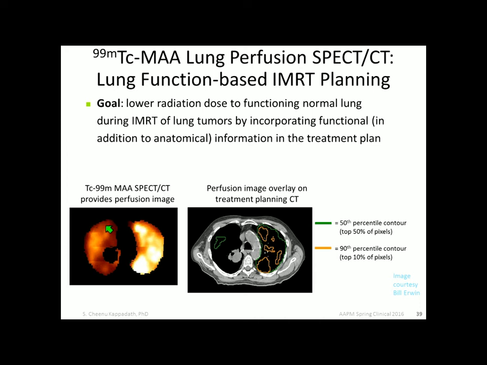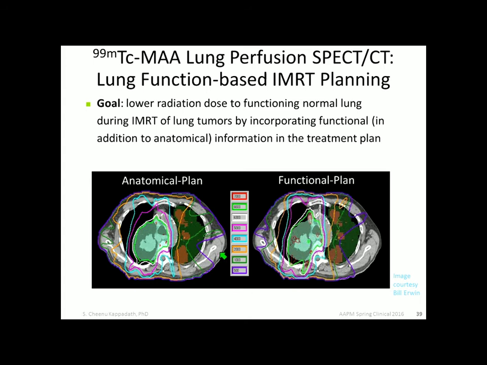In this case, you have a patient who has a lesion on the right lung that needs to be treated, and the left lung is well perfused and very functional. So the goal is, can you create a plan that preserves the left lung, or reduces the dose you give to the left lung, yet treats the lesion in the right lung as effectively?